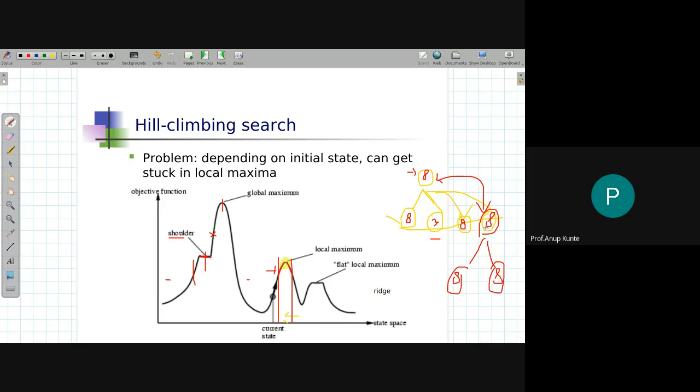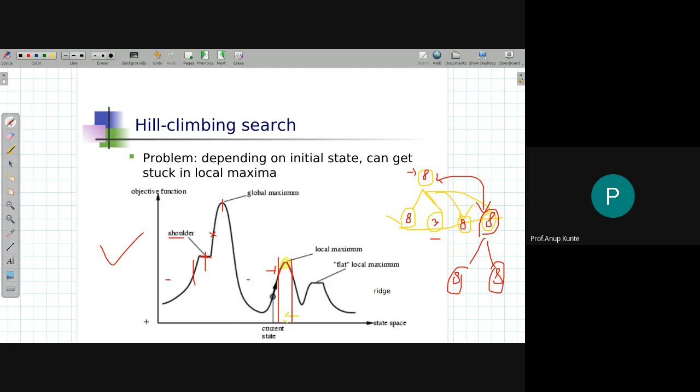So all the subsequent nodes, the siblings of this level, as well as the next level nodes, have value 8. So this is how we can describe what a shoulder would look like on a state space, and how it can be visualized on a two-dimensional graph.